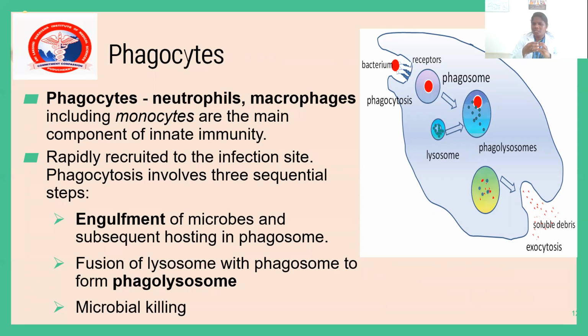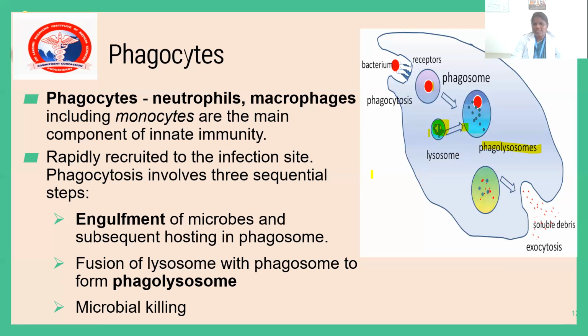Once inside, it is called a phagosome. The phagosome fuses with the lysosome and is called a phagolysosome. Once it enters the lysosome, because of enzymatic action, it kills the bacteria into fragments and they come out.